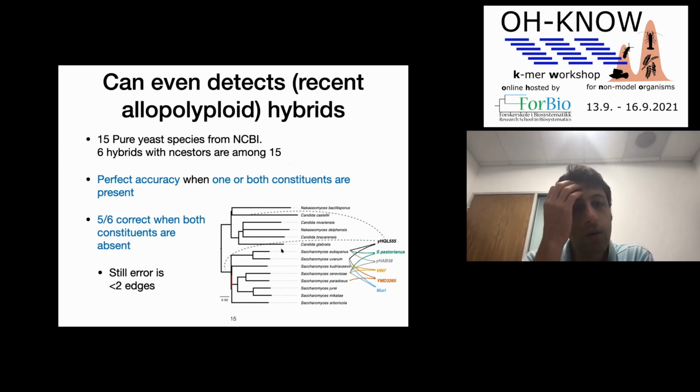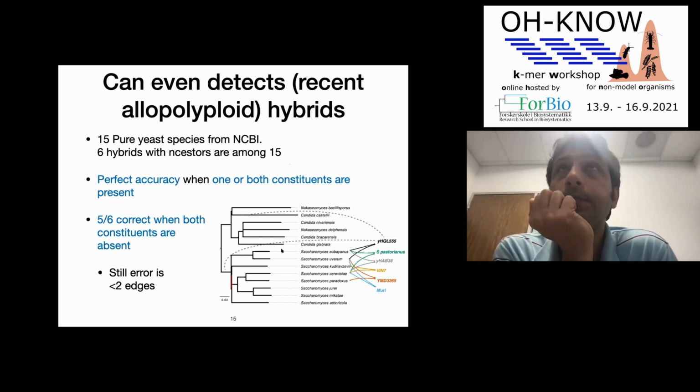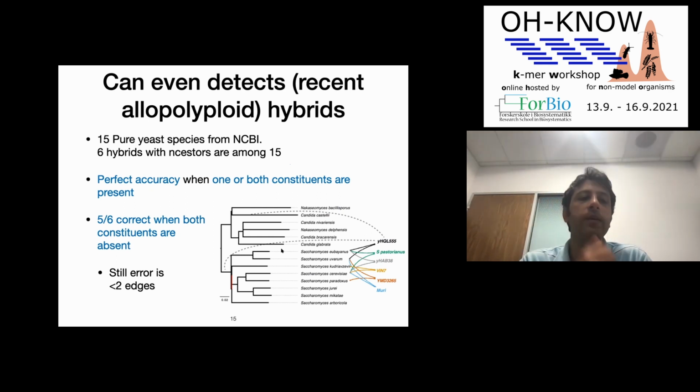Is it known how polyploids that are in the process of depolyploidization will be depicted in such a case? No, the short answer is we don't know. I mean, that's a very interesting question.